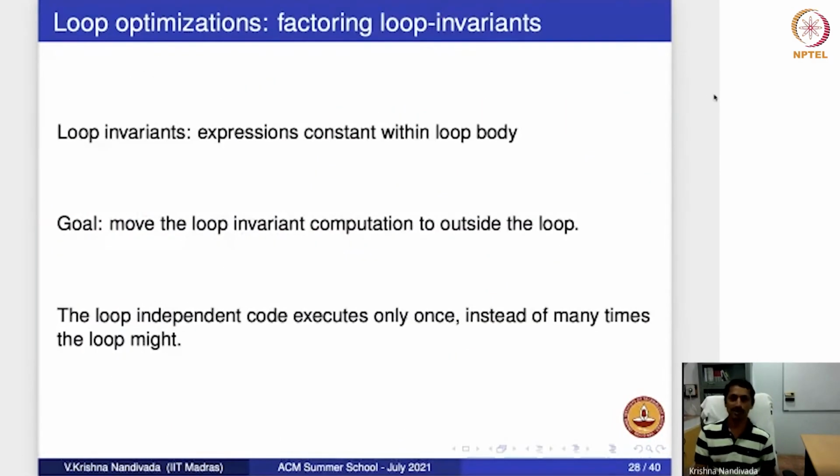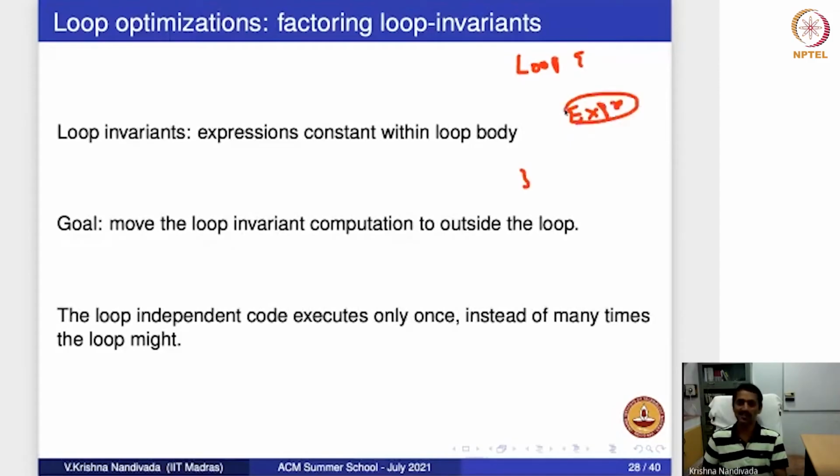Let's go with one more optimization called loop invariant factoring or loop invariant code motion. What is a loop invariant? Loop invariant is an expression which remains constant throughout the loop and it is computed within the loop. Let us say I have a loop. In this, I am computing some expression.